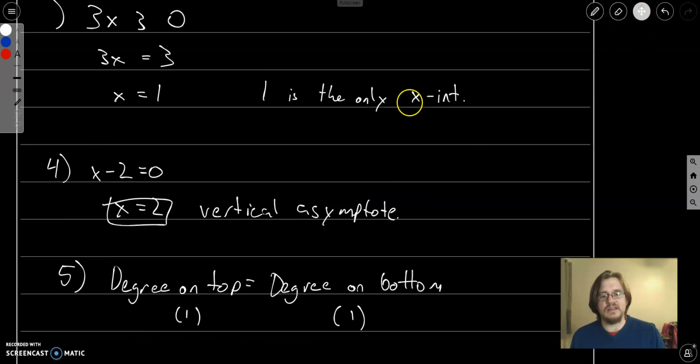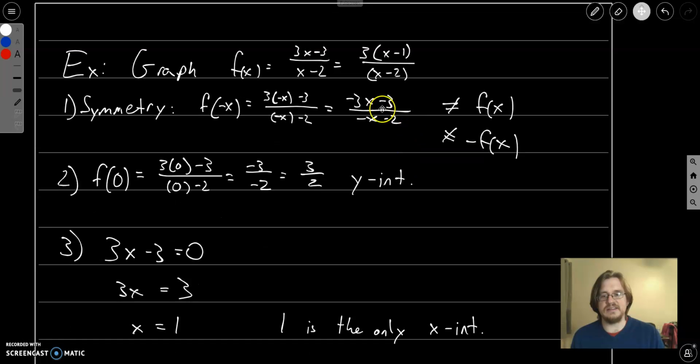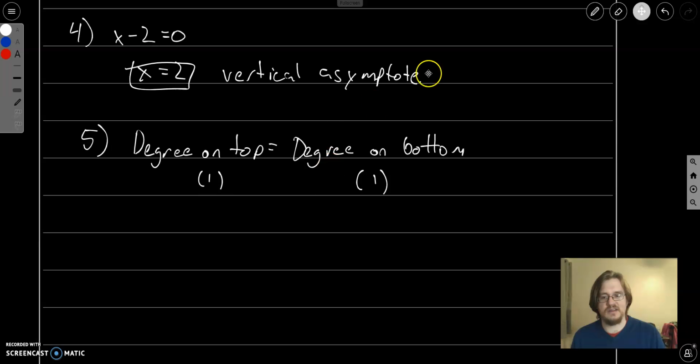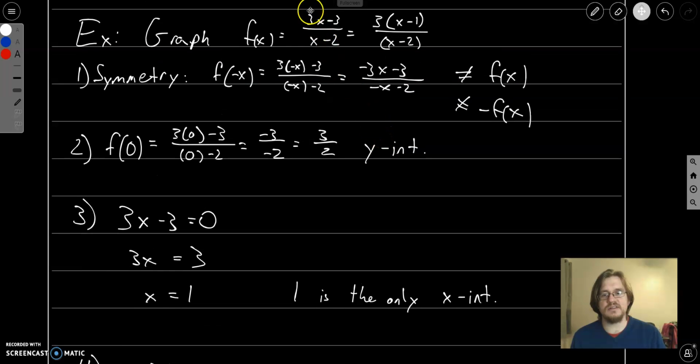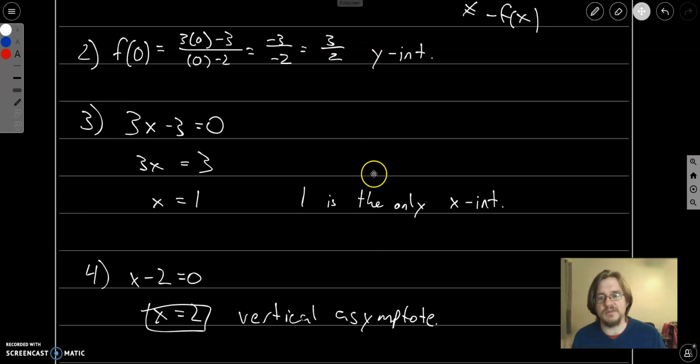So we say that this does have a horizontal asymptote, and the horizontal asymptote is going to be the leading coefficient divided by the leading coefficient. So there is a horizontal asymptote, and it's going to be y is equal to 3 divided by 1, 3 being the leading coefficient of the top of the fraction, 1 being the leading coefficient of the bottom of the fraction.